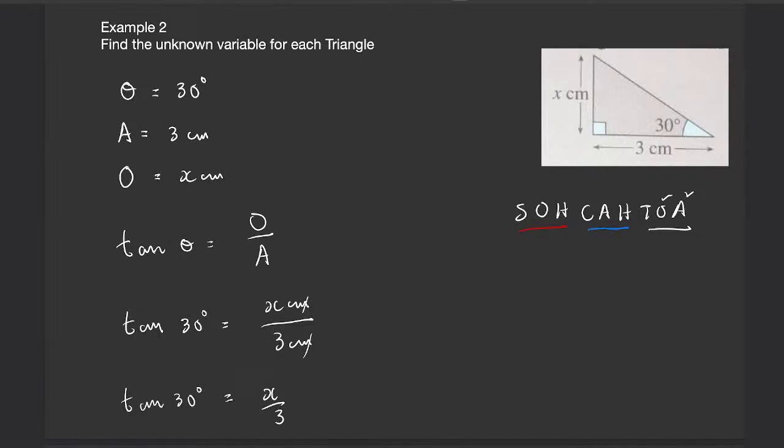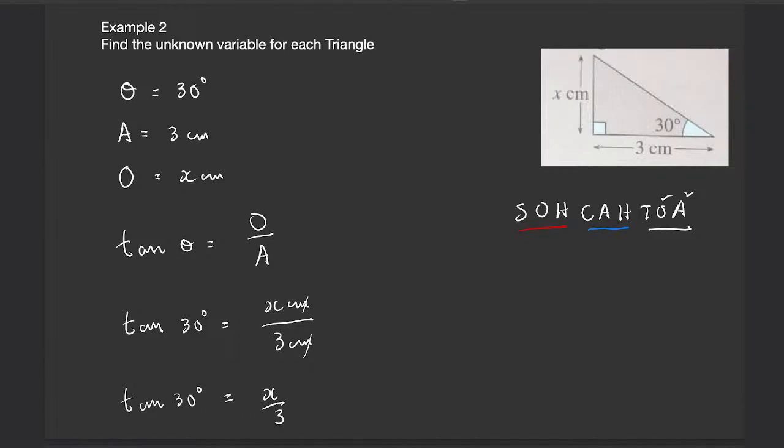I'll be moving over here. So I want to find my unknown variable x, right? And in order for me to get x, I need to transpose. Of course, for me to get x on one side, I need to remove 3 in my denominator. And if I'm taking 3 out of my denominator and I'm bringing it on the other side of the equal sign, it becomes a product, right?